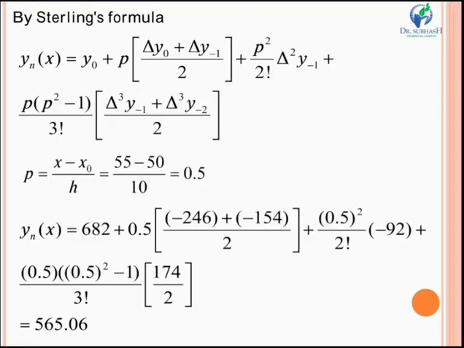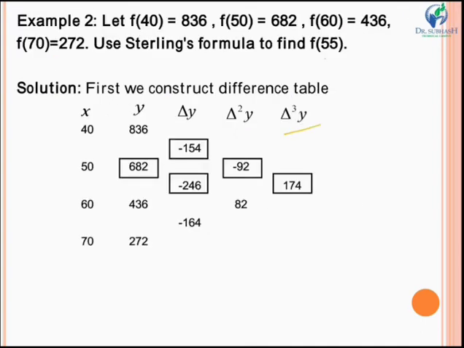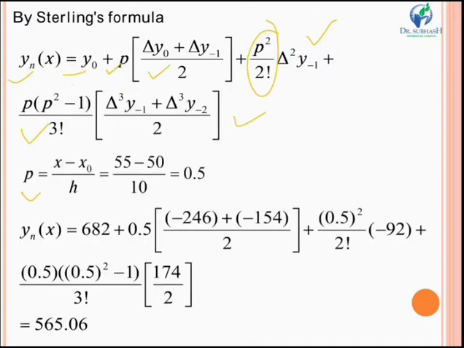Now I am writing here Stirling's formula: y(x) equal to y0 plus p, average of two terms, plus p square by 2 factorial, again a single term, plus p into p square minus 1 upon 3 factorial, and again we are taking the average of two terms. Now next we will find the value of p. We have to find the value at 55, so our value of x will be 55.